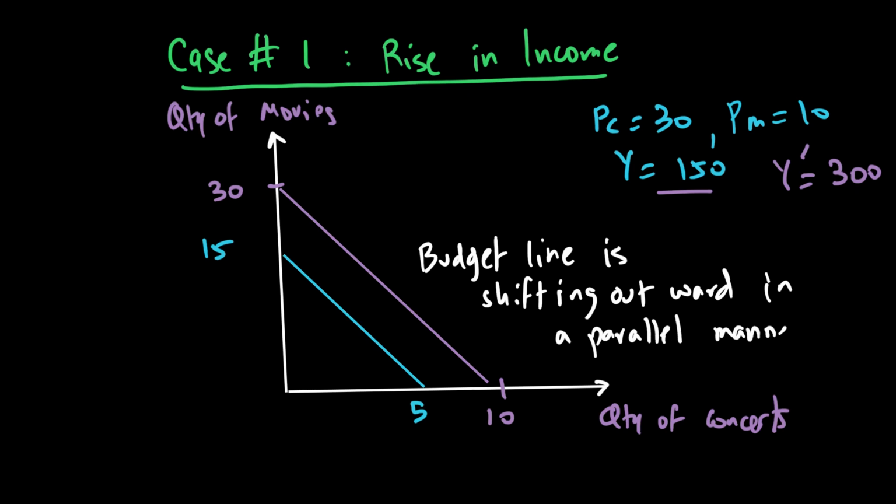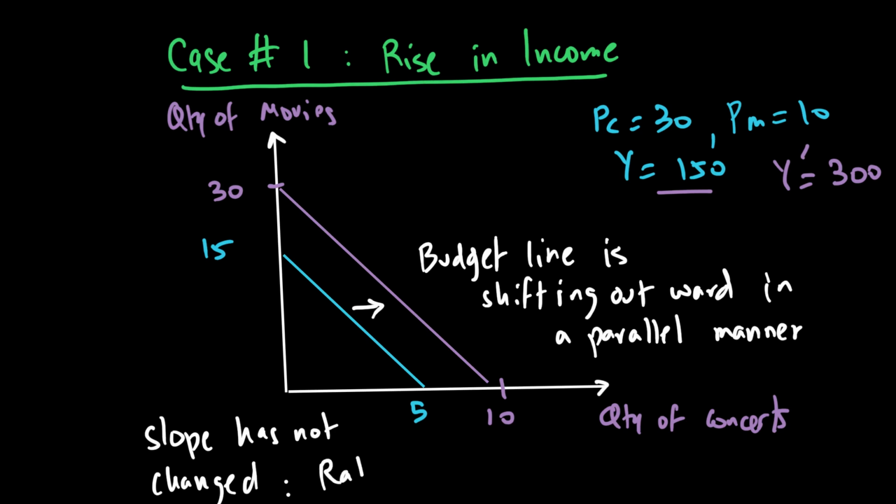The reason is simply that if the budget line shifts in a parallel manner, then the slope has not changed. Let me write this: slope has not changed. And the reason the slope has not changed is that the ratio of prices has not changed.